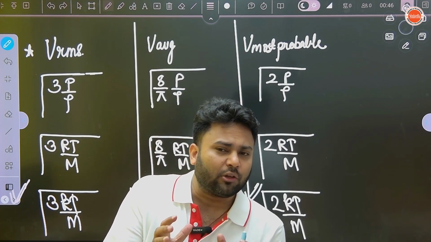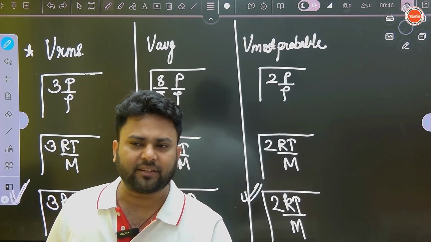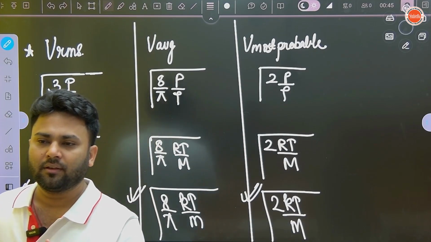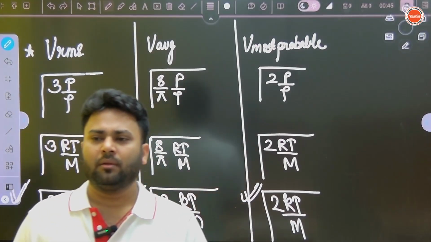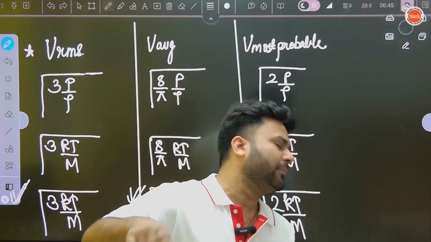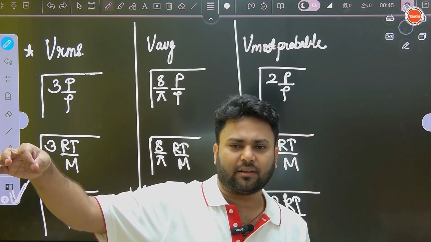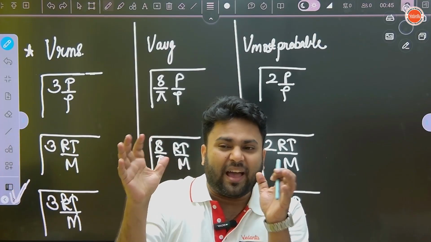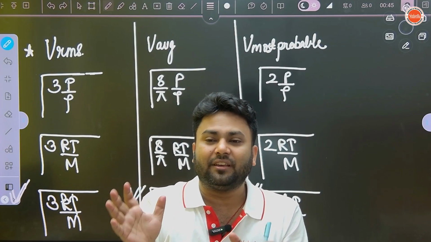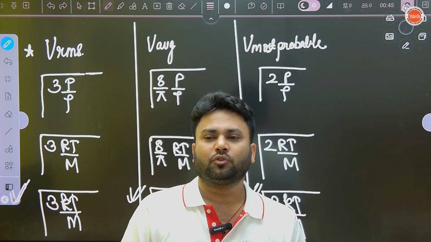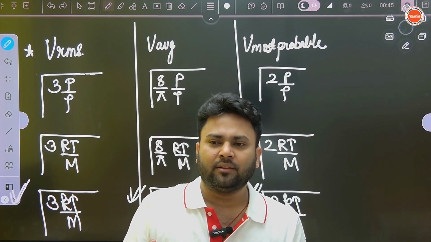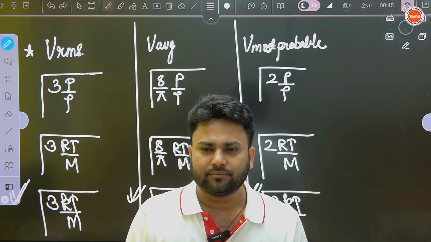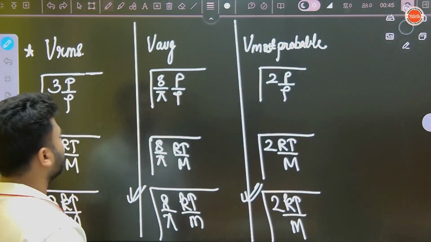But maximum molecules are moving with what speed? 1 meter per second. So this 1 meter per second is called most probable speed. Most probable means if you take out randomly any molecule from the container, most probably its speed will be 1 meter per second, because maximum molecules have that speed. So most probable speed is that speed which the maximum number of molecules in that container have. Correct?